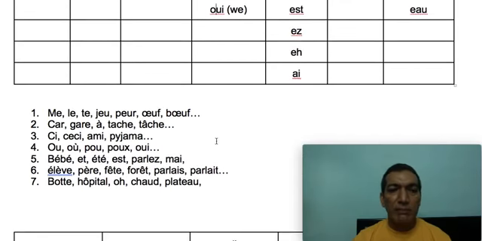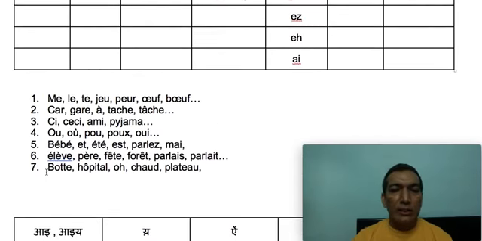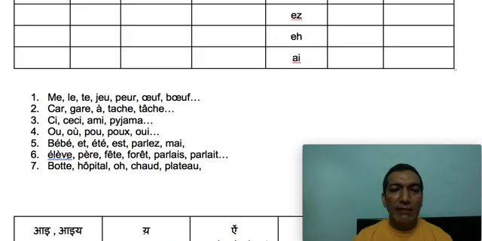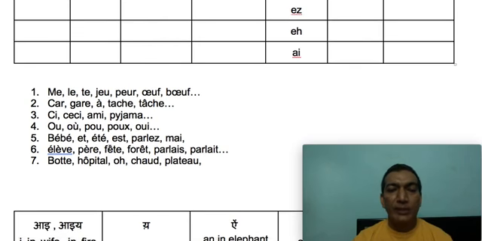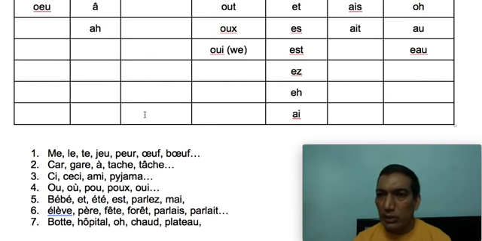Some of the examples. Élève, which means pupil. Père, which means father or papa. Fête. Forêt. I will tell you later on here.